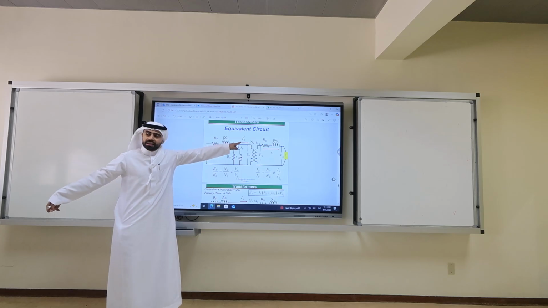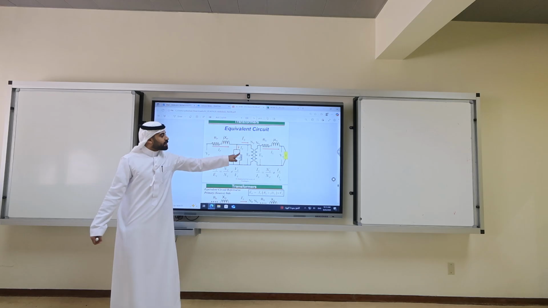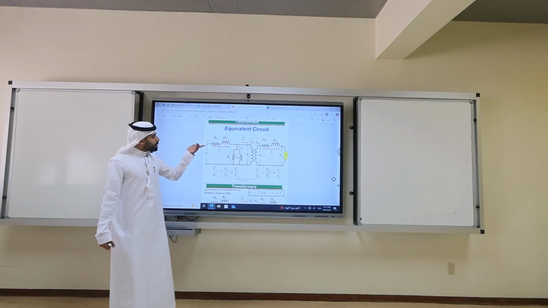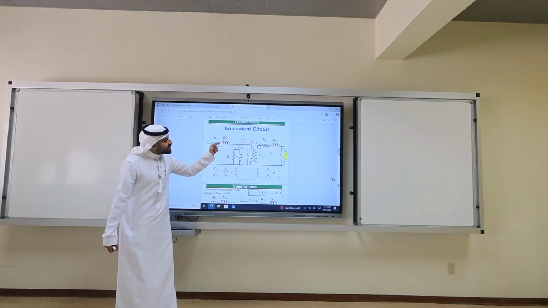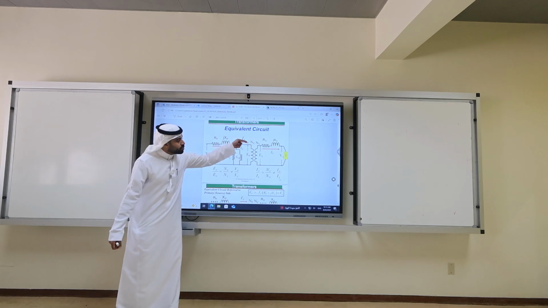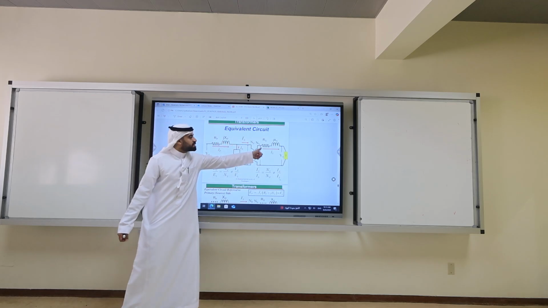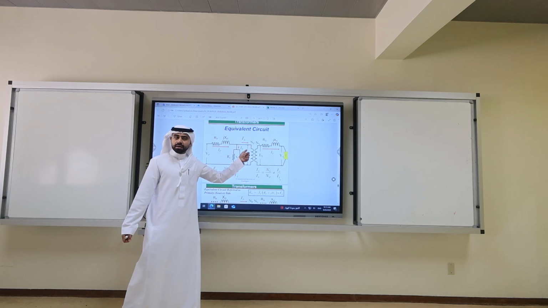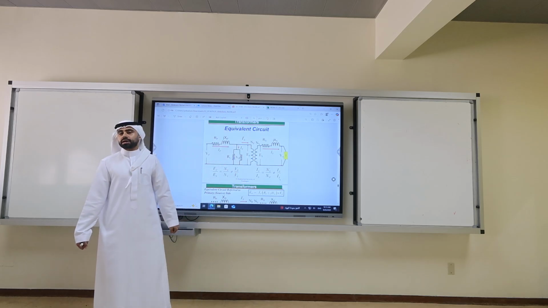Not IS, that's not IS. IS prime, you have to use the right terminology, plus IE. So the primary current is the current that goes into the ideal transformer, which is the reflected current of the secondary, plus the magnetization current.